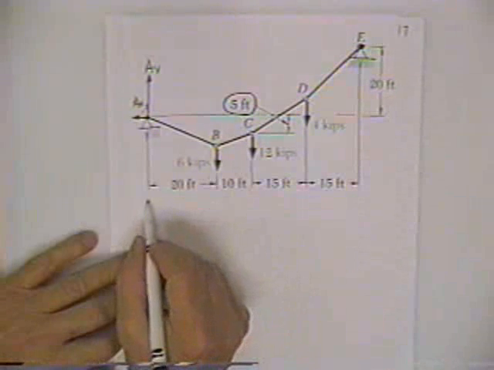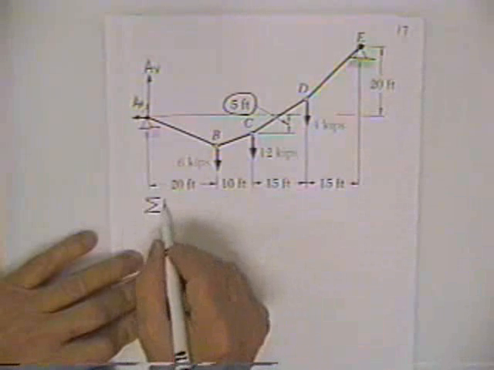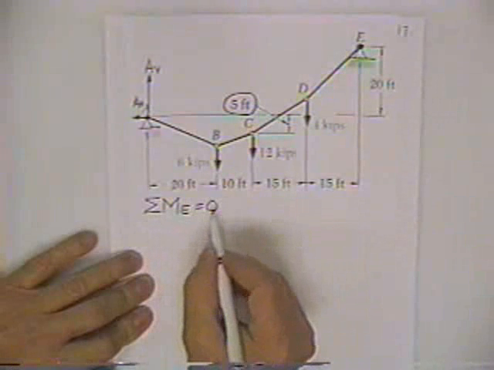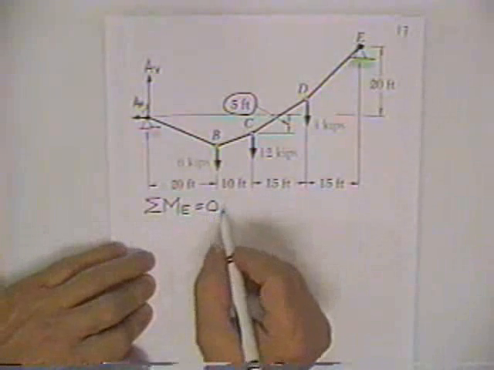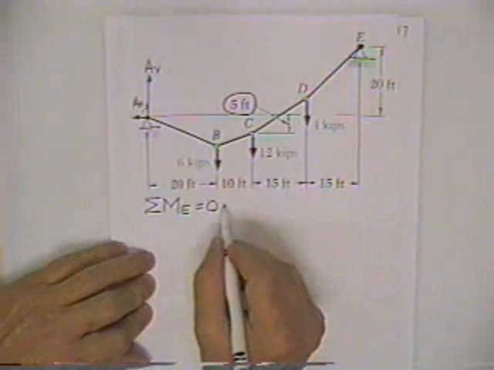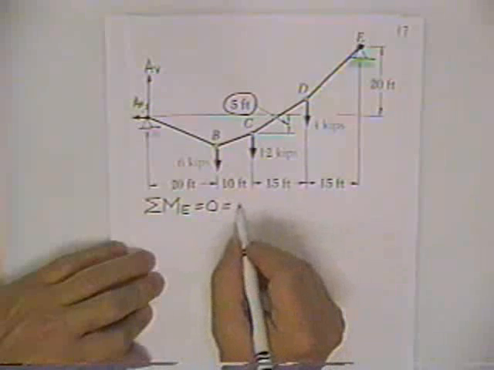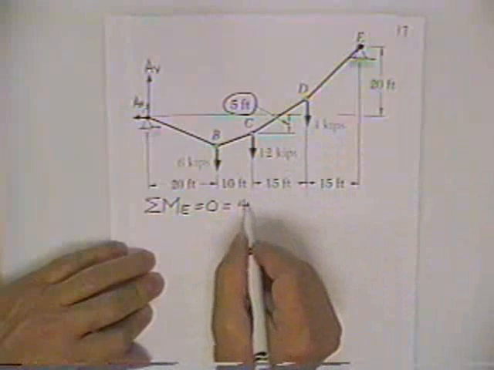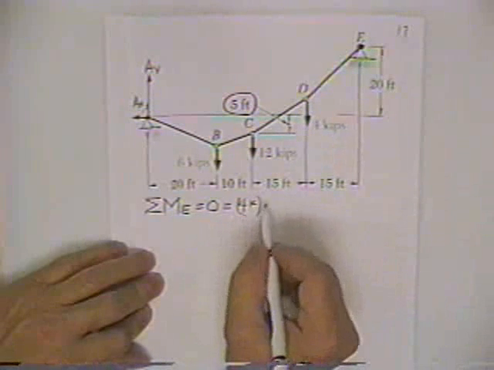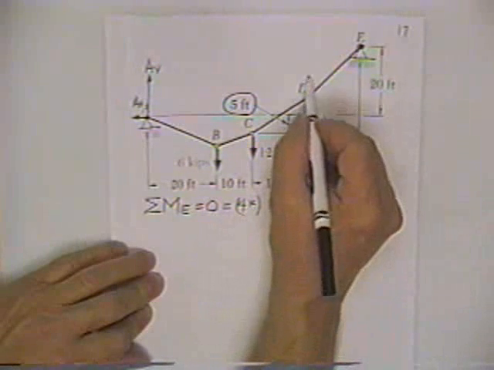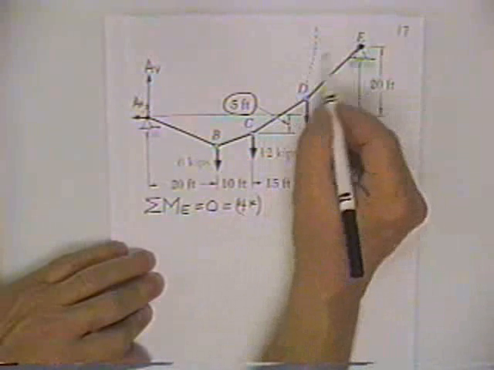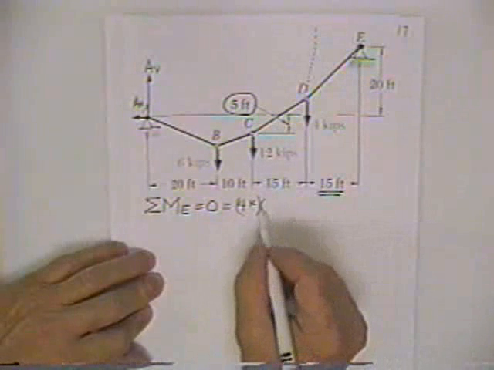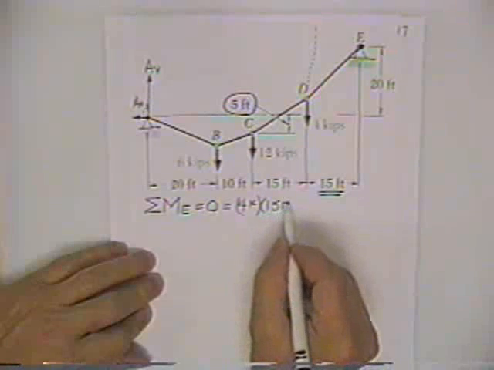Here would be your equation. Sum of moments about point E is equal to 0, if the whole cable is not collapsing, and it's not, it's just sitting there, is equal to, first you see a 4-kip load. Follow him until he gets as close to point E as he's ever going to get. He's 15 feet away, so his moment arm is 15 feet.